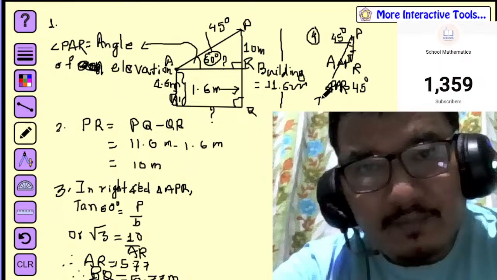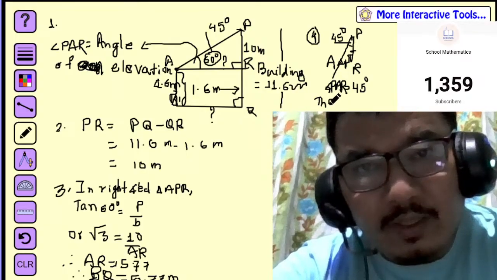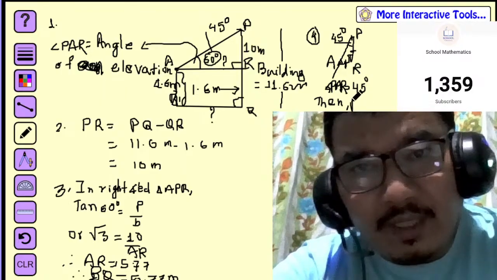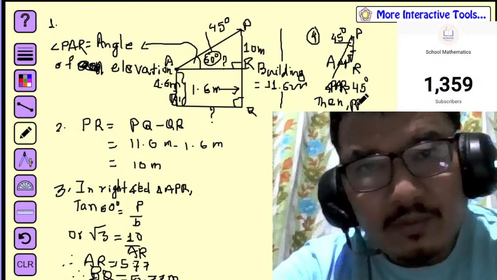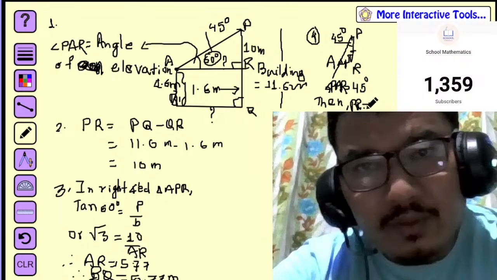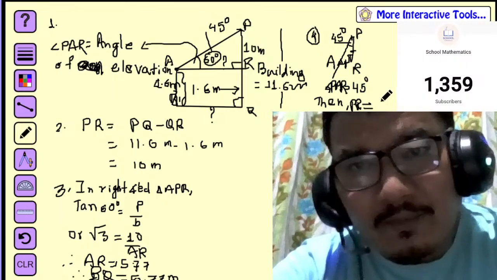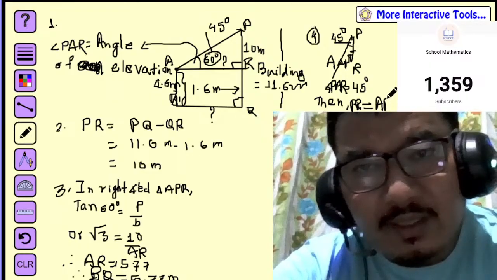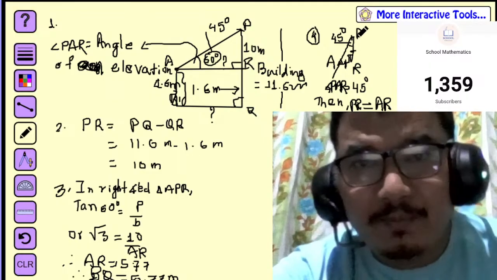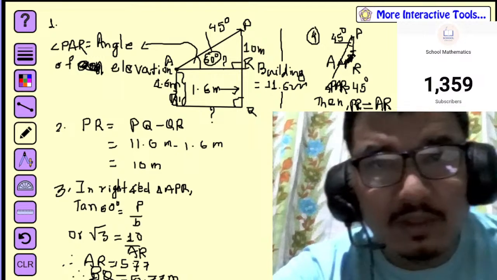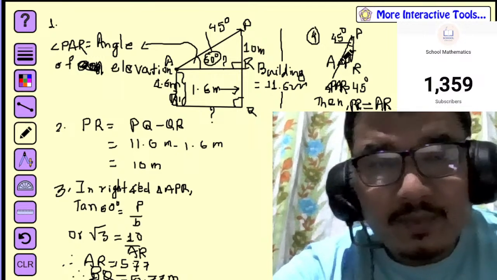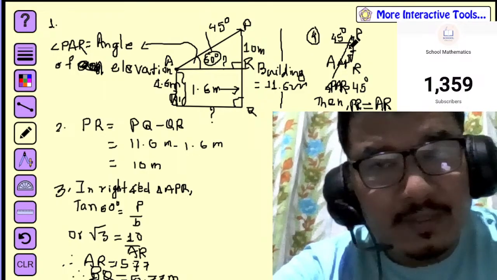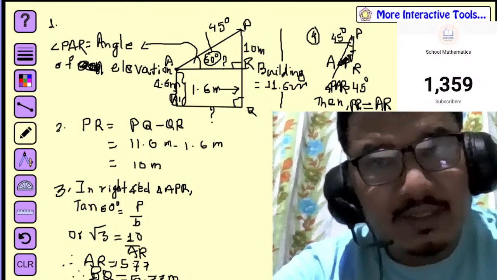Then we can tell, then only PR equals AR. If it is an isosceles right angle triangle, and PR and AR are equal, then right here these two angles are 45, 45, because this is an isosceles right angle triangle.